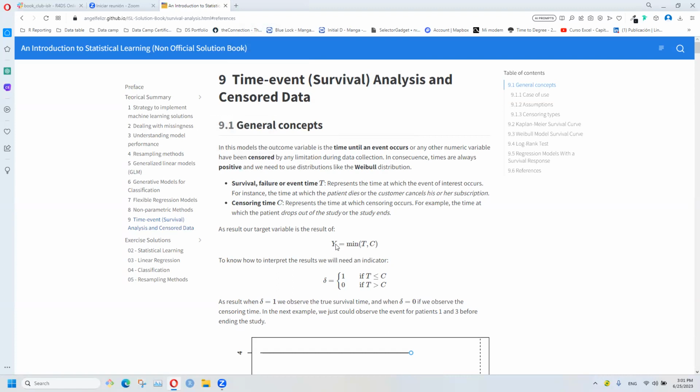When we have our target variable, we always have the minimum of two times: the event time, also named the survival time, when the event happens or takes place, and the censoring time.